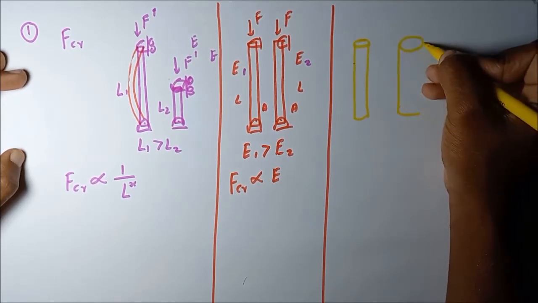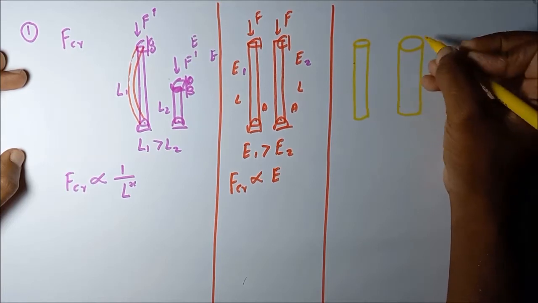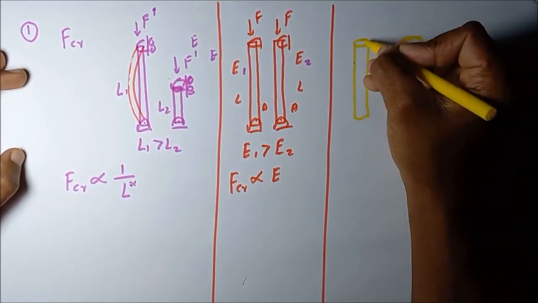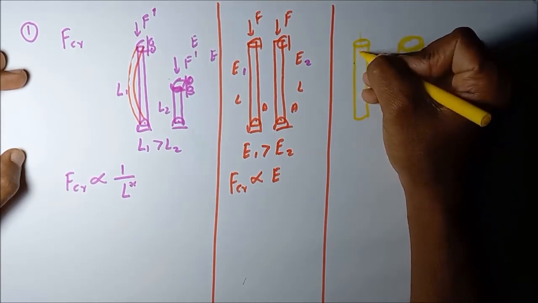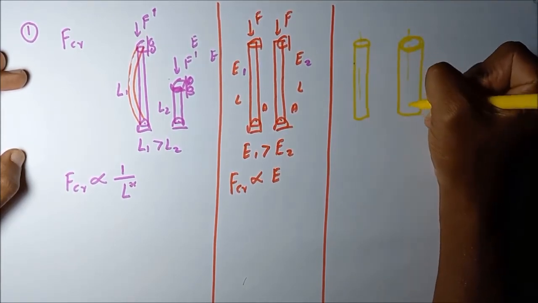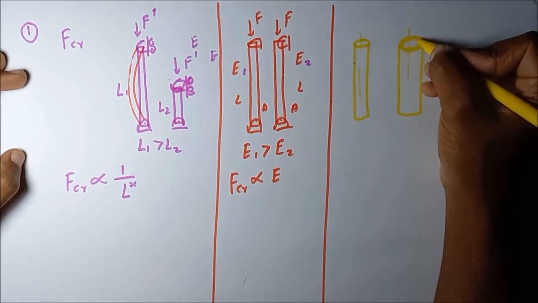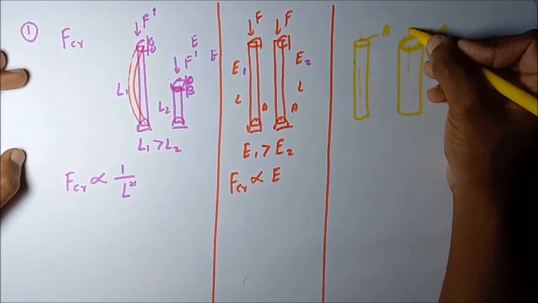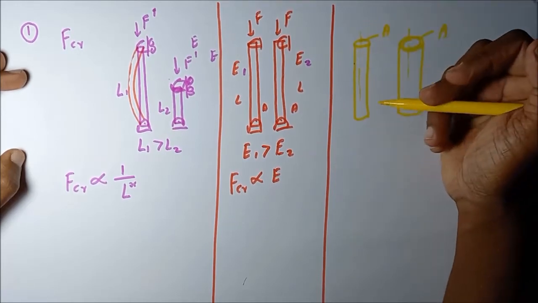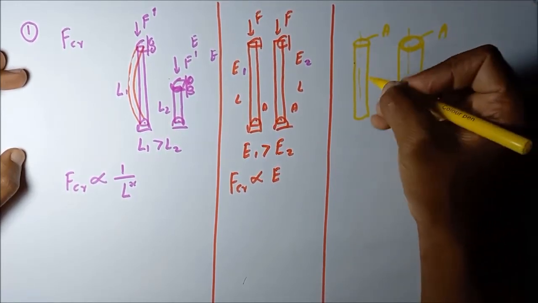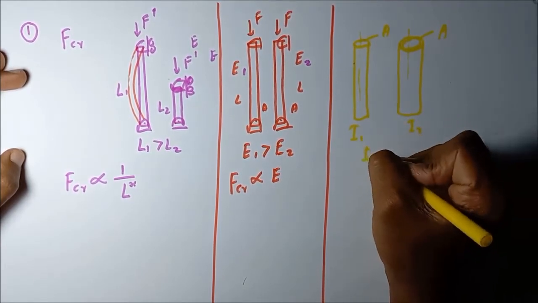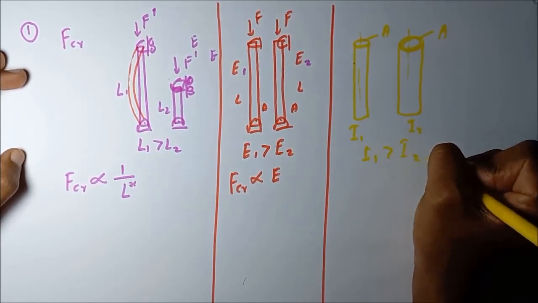The only difference is this material cross section has been distributed away from this axis. You can see the same cross sectional area, but it is distributed away from the axis of the column. So that means I1 is greater than I2.